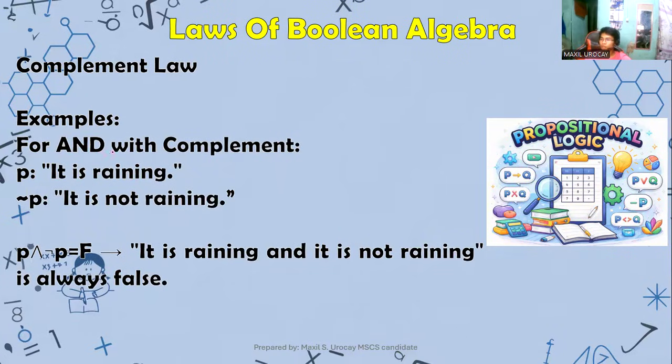Now, say for example, for and with complement, P is it is raining, and not P is it is not raining. So the result for that one, it is raining and it is not raining, is always false. The answer for that, it is raining and it is not raining, is simply false.